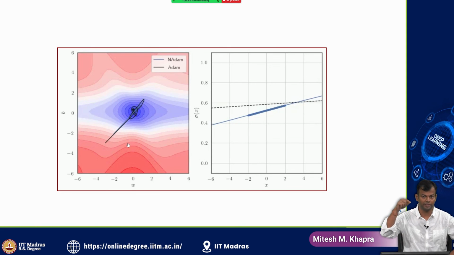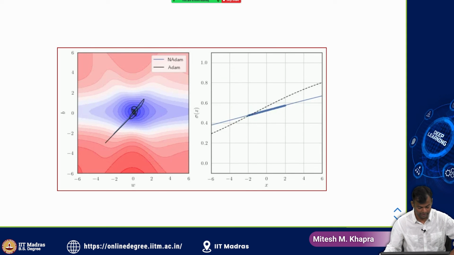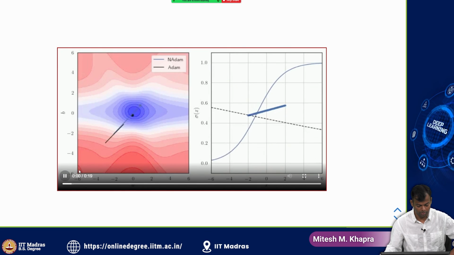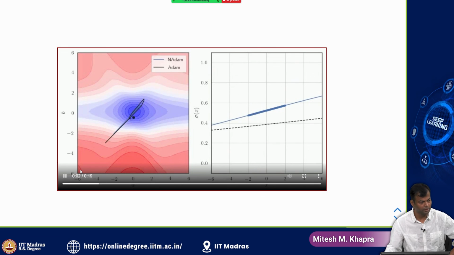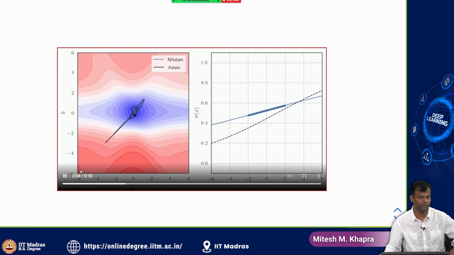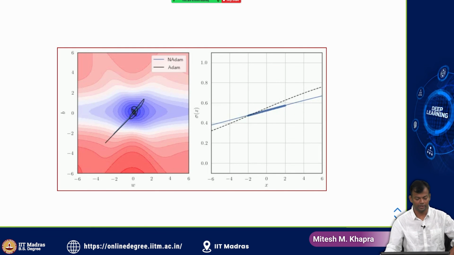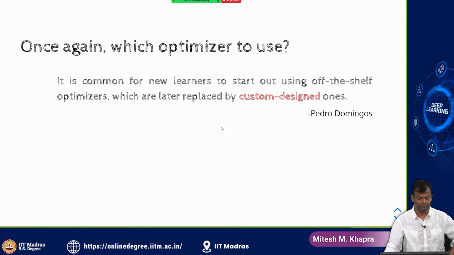The blue curve corresponds to Nadam, and I'll just run it again for your benefit. You can see that the blue curve has smaller oscillations as compared to the black curve, and that's the Nesterov effect that you were hoping for, right? So that's all about Nadam.